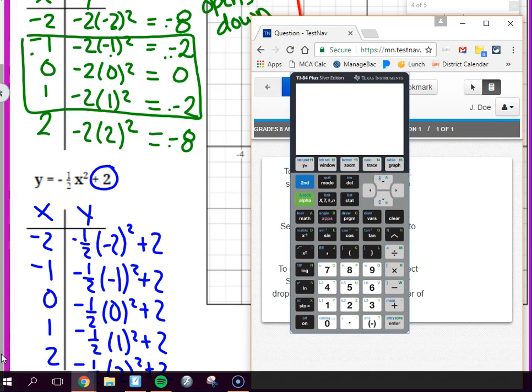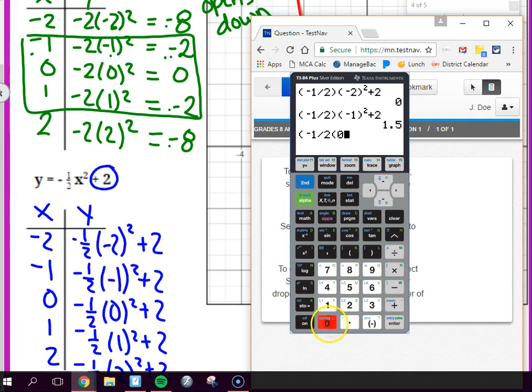We can use our calculator again to help us evaluate these. So we have negative 1/2 times negative 2 squared plus 2, which gives us 0. We have negative 1/2 times negative 1 squared plus 2 would equal 1.5.